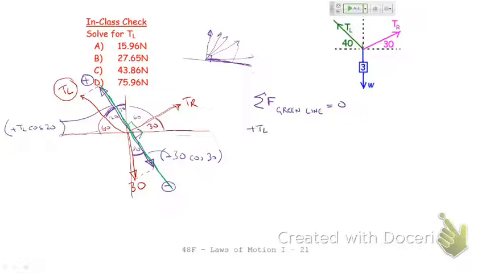Positive TL cosine 20 added to negative 30 cosine 30 equals 0.